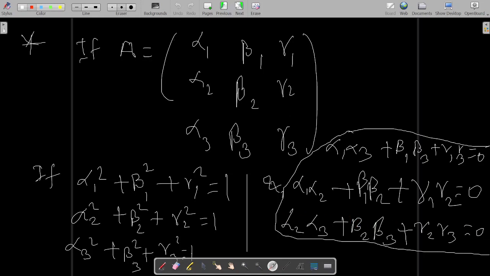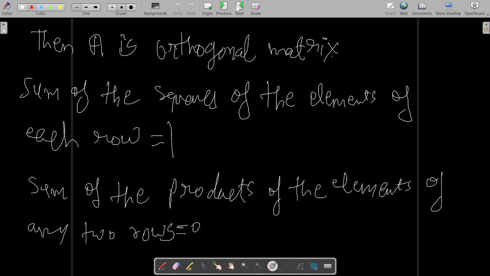Then A is orthogonal in such a situation, that is the sum of the squares of the elements of each row equal to 1.